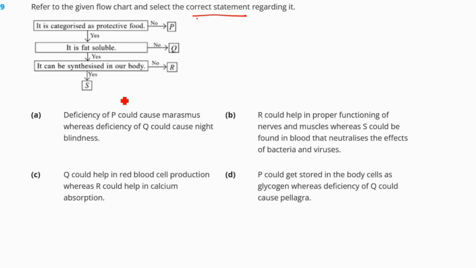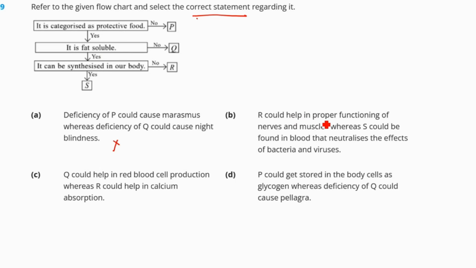Okay. Let's see the options. Deficiency of P could cause marasmus, whereas deficiency of Q could cause night blindness. So P is not a protein deficient food. So this is a wrong statement.